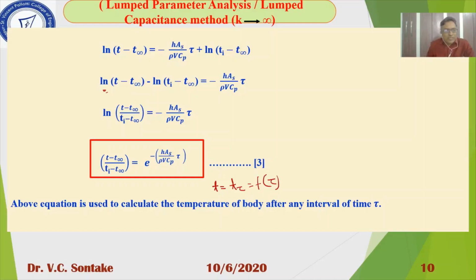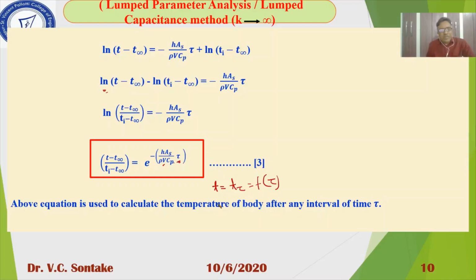And from this, as you can see here, T infinity is known to me, Ti will be known to me, h will be known to me. If dimensions of the body undergoing Newtonian heating or cooling are given to me, I can calculate surface area as well as volume, and density and specific heat are also known to me.